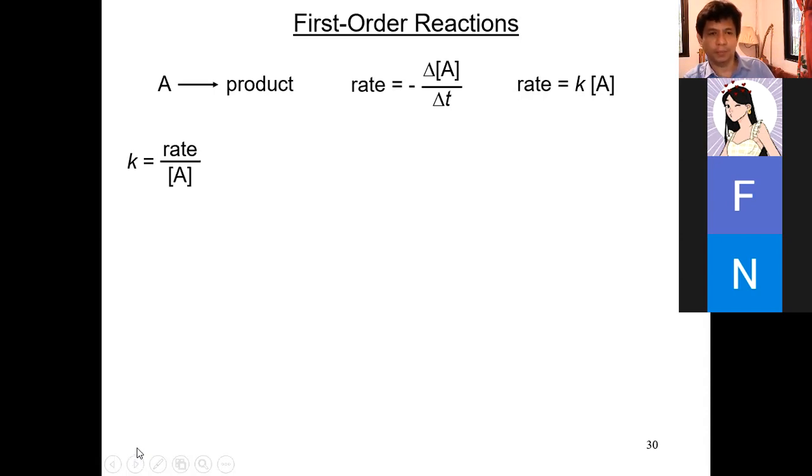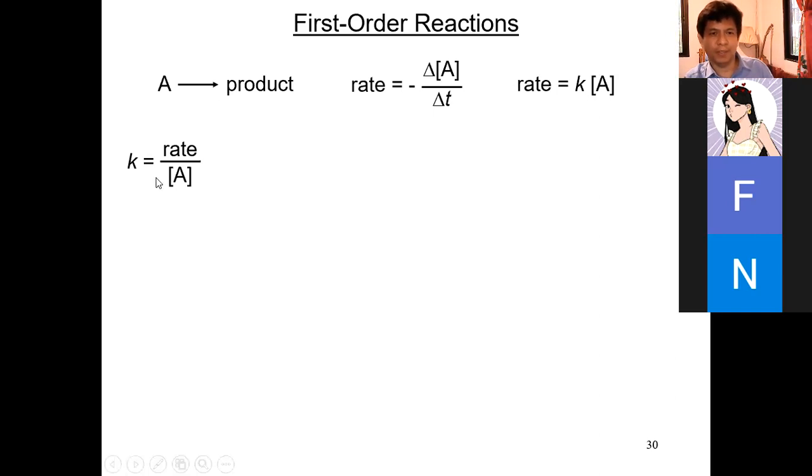Pwede nyong i-solve yung K by dividing rate with concentration of A. Basic yun. Pero minsan kasi yung mga basic na ganito, pag biglang tinanong, merong rate tapos merong concentration ng A tapos ano yung rate constant, nalilito na pala ganun lang pala siya kasimple. So, minsan dapat relax din yung utak, huwag masyadong nakapokus sa first order, naabangan palagi half-life.